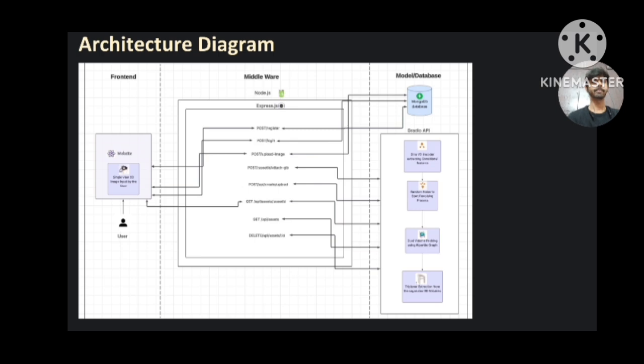Now here's the architecture diagram. We have made some changes if you have seen the previous milestone video. Now let's look at it. Firstly, the front end, which is a client side application.